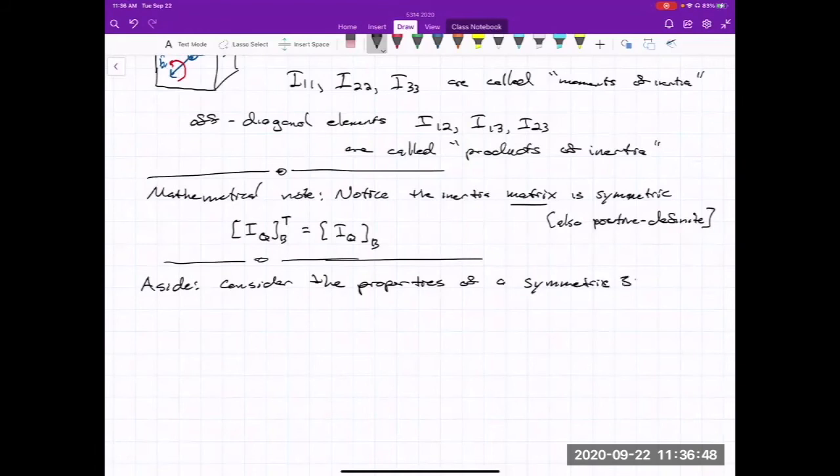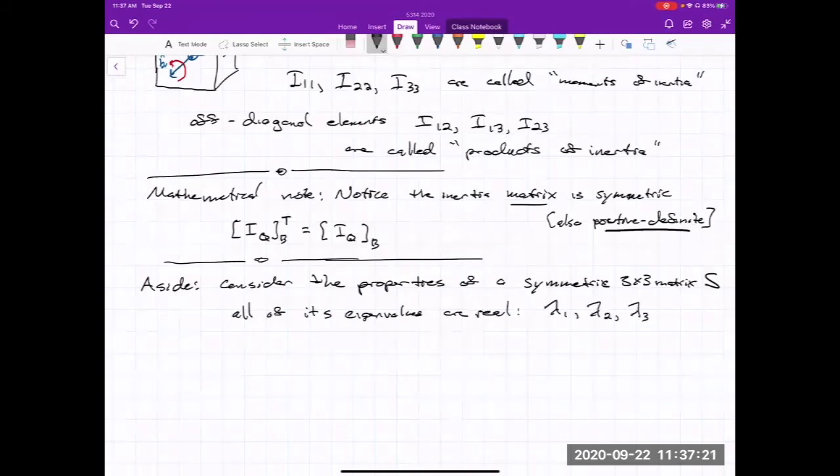I'll call it S. Positive semi-definite will show up here. If you were to look at its eigenvalues, I assume you know how to get eigenvalues, all of its eigenvalues are real, and in fact, positive. Let's call them lambda 1, lambda 2, lambda 3.